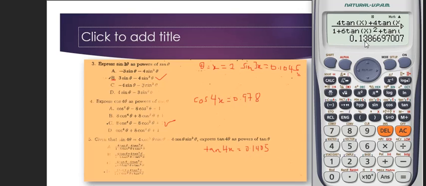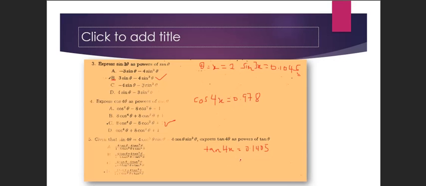Okay, this is 0.1386. Let's say this is approximately equal to 0.14, so this will be also approximately equal to 0.14.